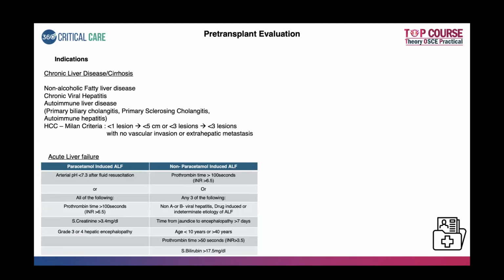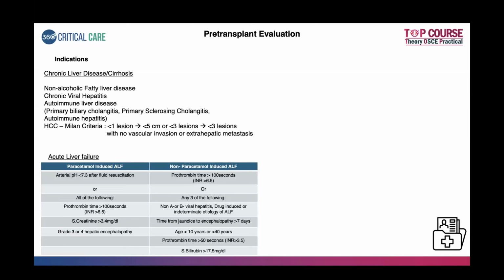3 out of the 5: non-hepatitis A or B, drug-induced or indeterminate etiology of ALF, time from jaundice to encephalopathy more than 7 days, age less than 10 or more than 40, prothrombin time more than 50 seconds, that is INR more than 3.5, and serum bilirubin more than 17.5.